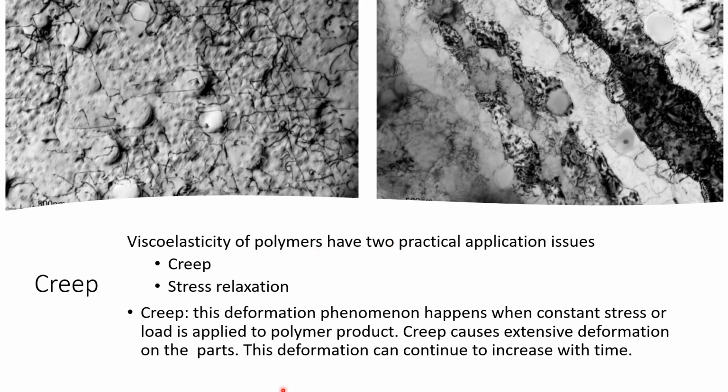This deformation can continue to increase with time. So the more heavy load the plastic has to carry, the more deformation it's going to get over time, and we call that creep. When you go inside the molecular structure, you're going to see this is before the creep, and this is after the creep. See how it got pressed down.